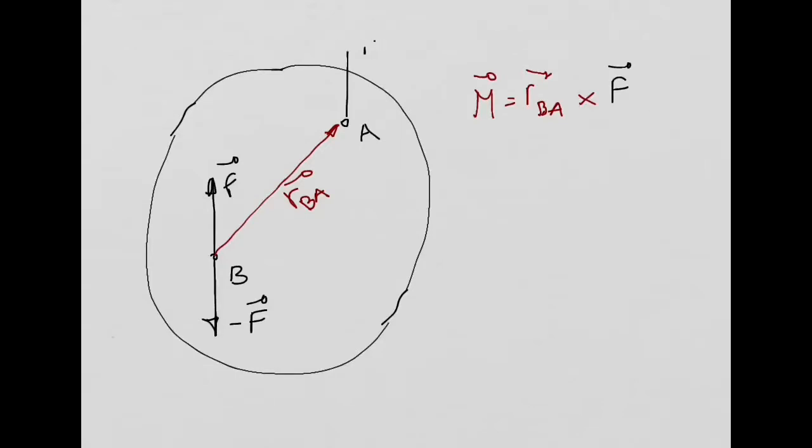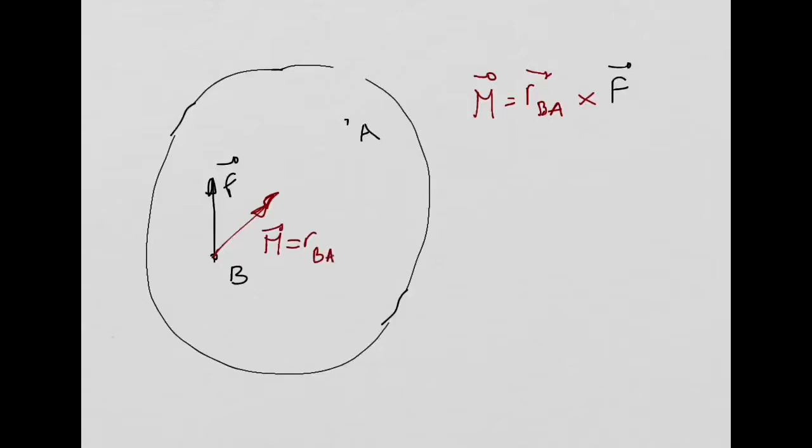I can remove this force F at point A. I can remove the force minus F at point B. And the only thing I need to do now is include the moment produced by the couple, and that moment M is equal to r_BA cross product with my force F. And then look what I have.